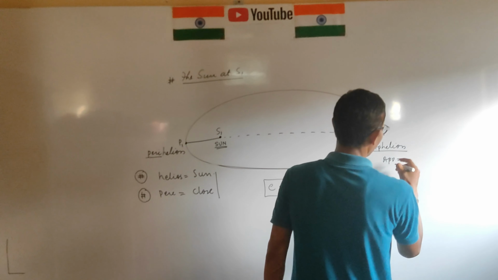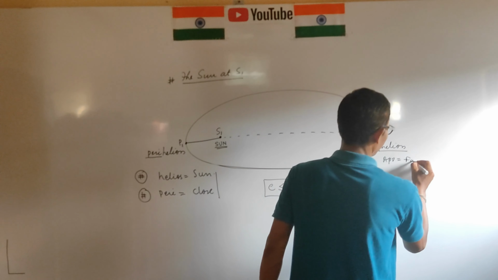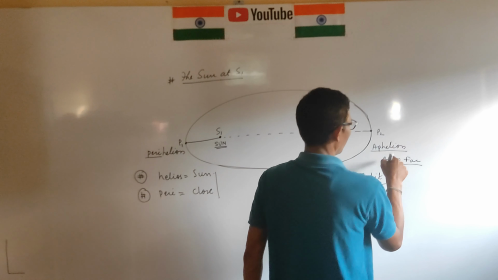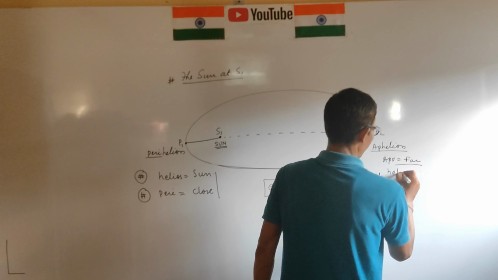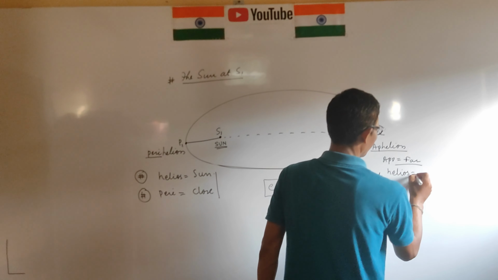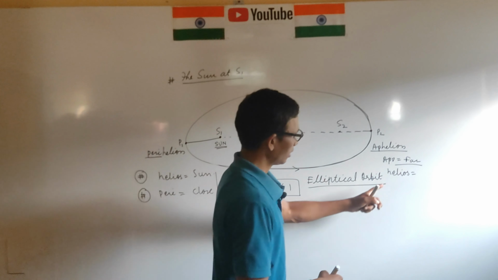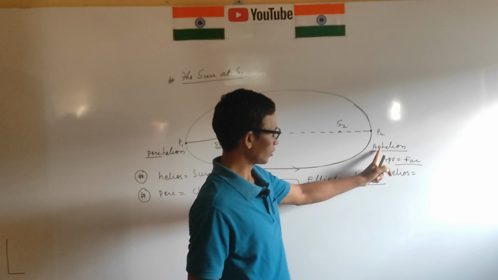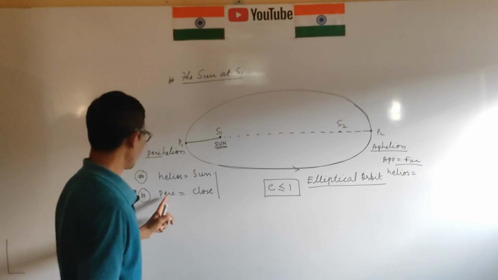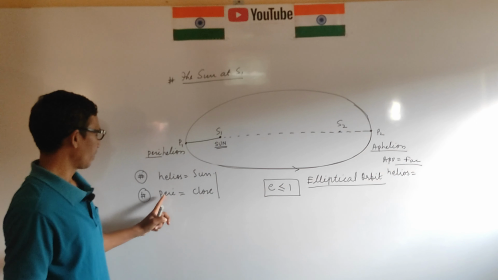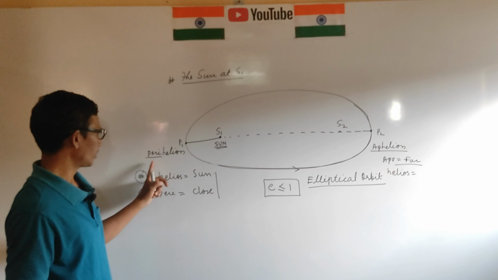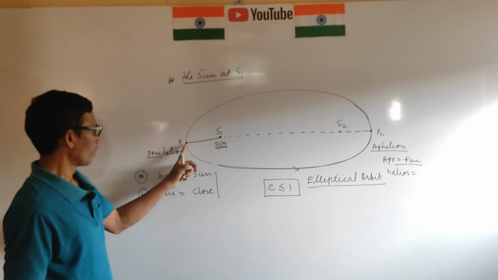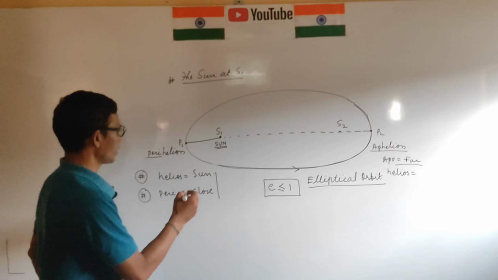Apo means far, and helios is the Greek word for sun. The combination of apo and helios is aphelion, and the combination of peri and helios is perihelion.